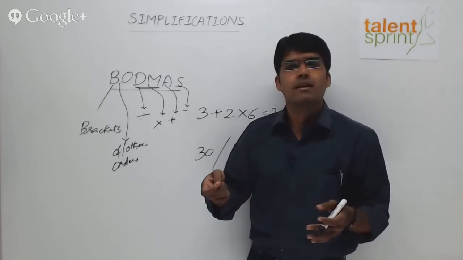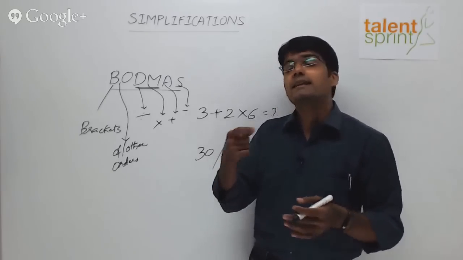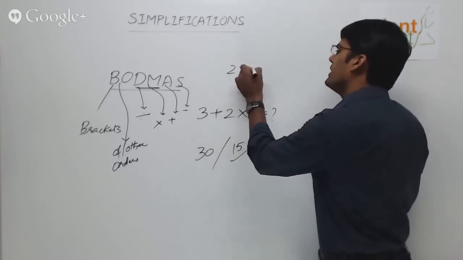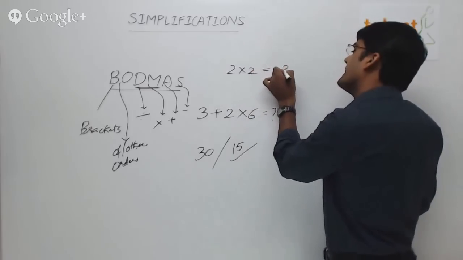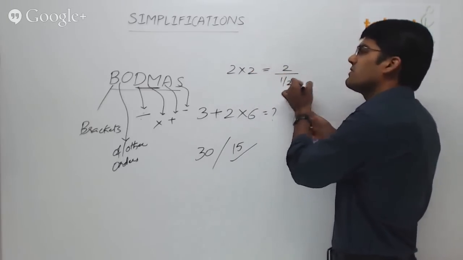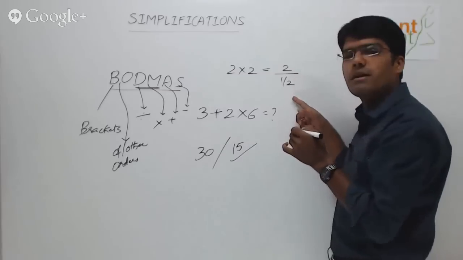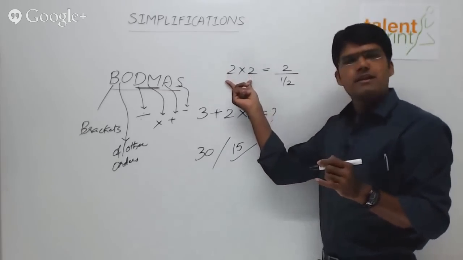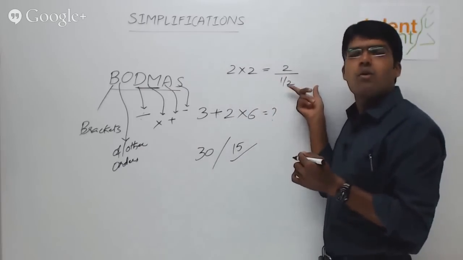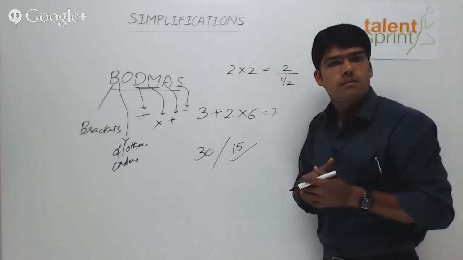Or if you look at it the other way, can I take it as 2 divided by 1 by 2? This also becomes 2 into 2. 2 when divided by 1 by 2 will give you 2 into 2. So what is multiplication in one way is a division in another way, and vice versa.